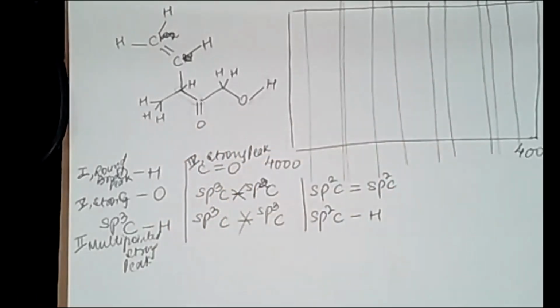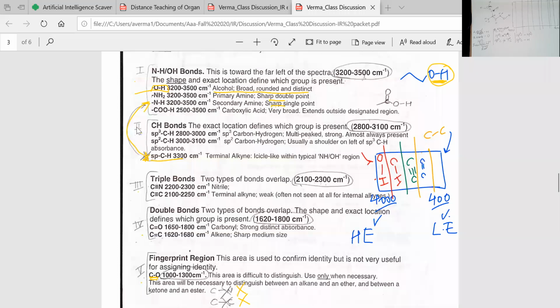I'm not going to worry about these two single bonds. We will only worry about the hydrogens and the C single bond O. Where do the sp2 carbon hydrogen peaks lie? They also lie in the second region, but their shape is a little different from sp3 carbon hydrogen.